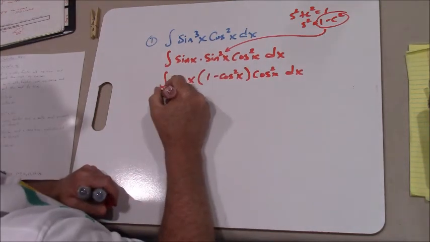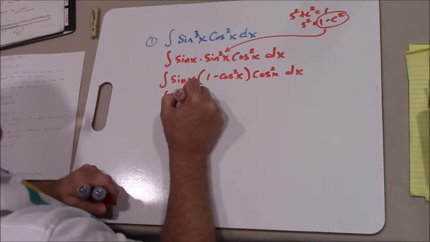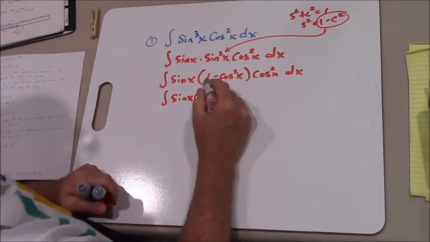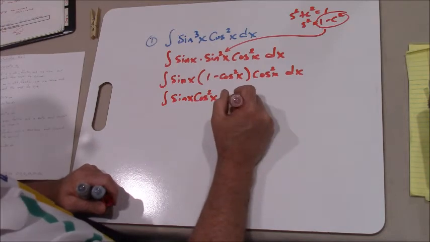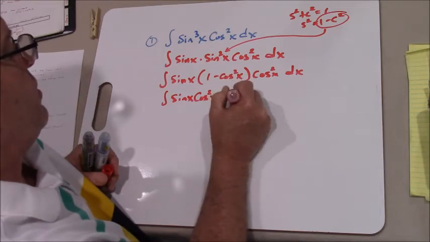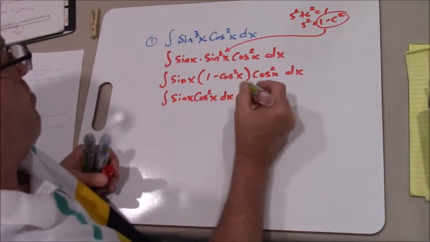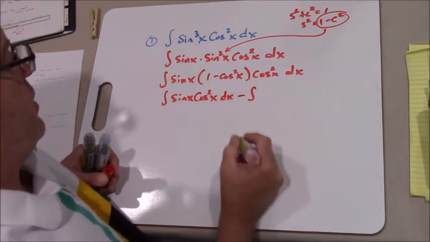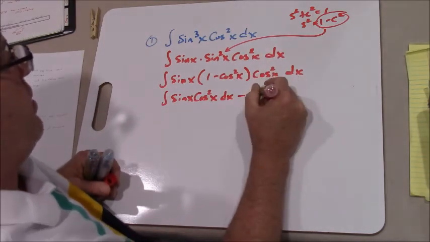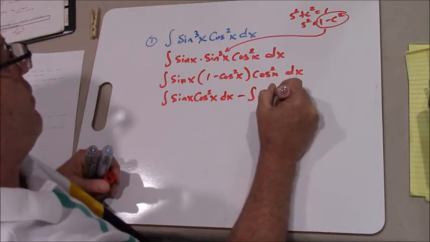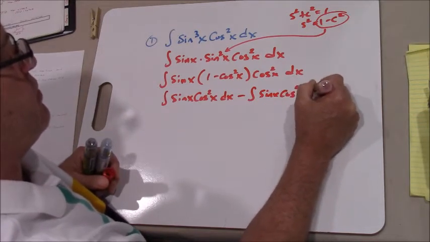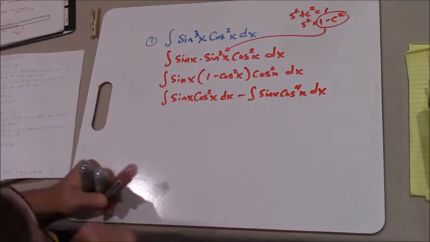And so what I get is the integral of sine of x cosine squared of x. That's what I get when I multiply it times 1. And also separate this into two separate integrals at the same time. So go ahead and call that dx, and then minus the integral of sine cosine squared times this would be sine of x cosine to the fourth of x dx.